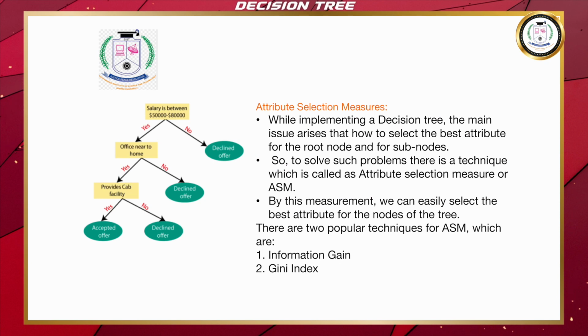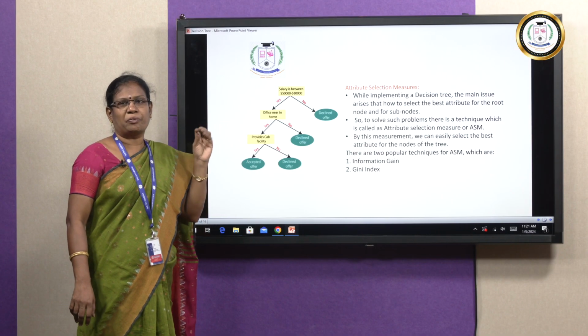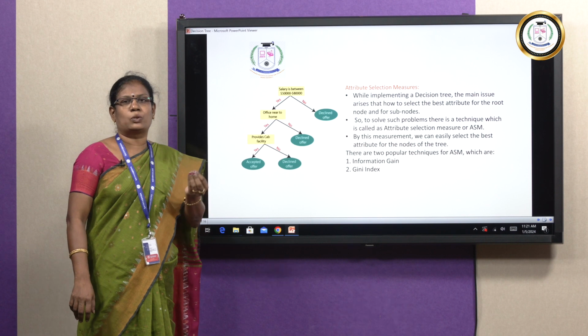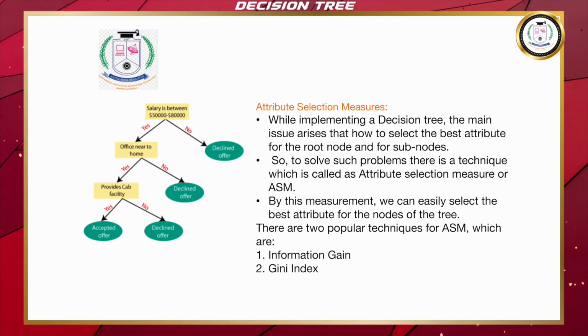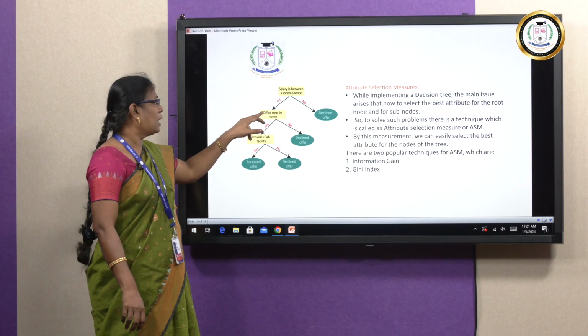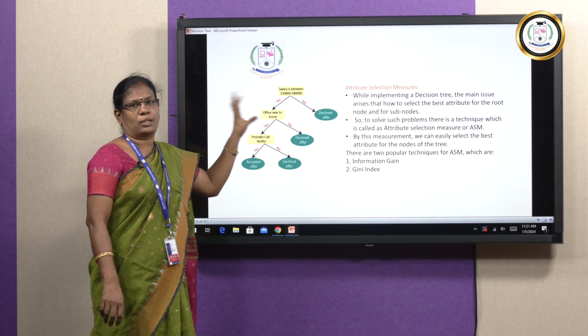Suppose a person is attending an interview and gets some offers. First of all, the first question is how much the salary is. Based on the salary only, he will choose the job or not. If the salary is between 5 lakh and 8 lakhs, he is going to grab the job or not. If he takes it, the next question is whether the office is near his home or not.